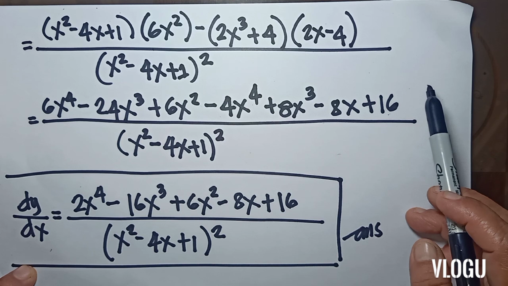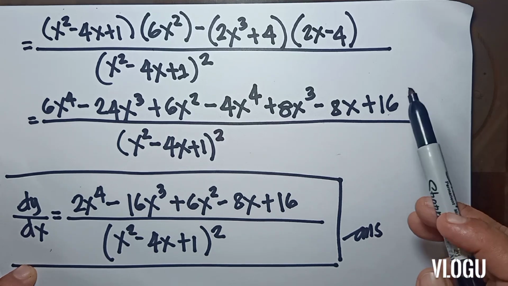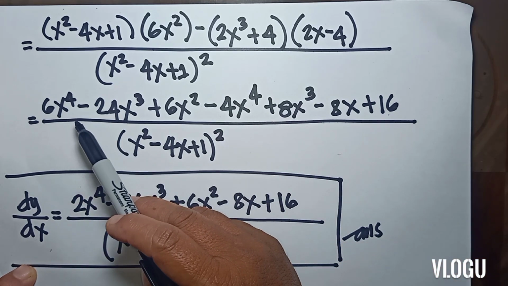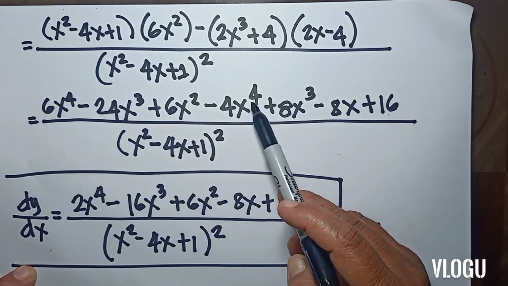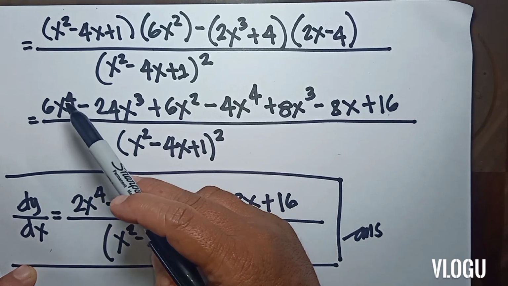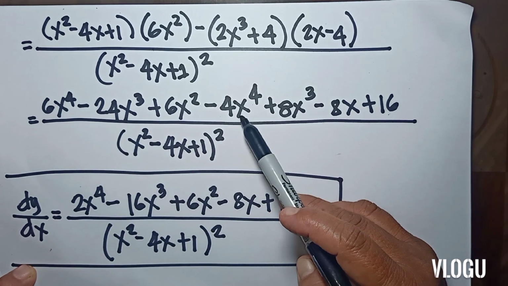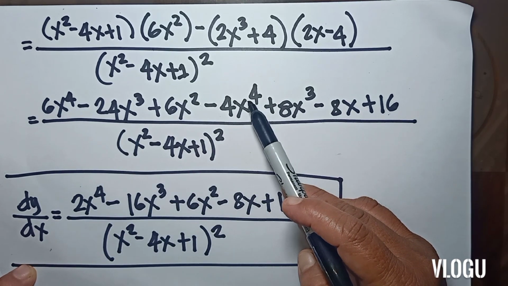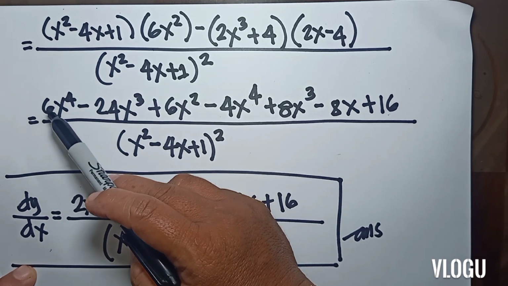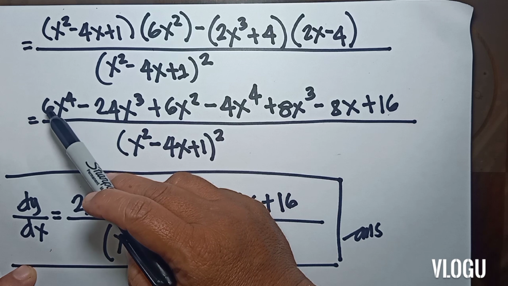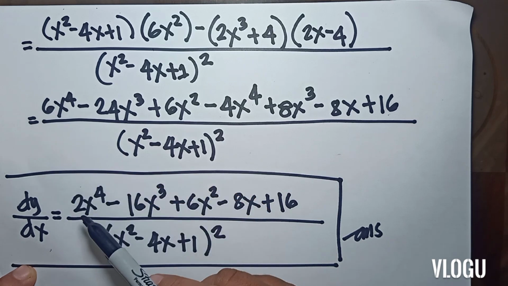So we are going to combine like terms. We are going to combine x to the fourth and x to the fourth: 6x to the fourth minus 4x to the fourth. So we have positive 2x to the fourth. We carried out the higher value. What is the sign of the higher value? That is positive.